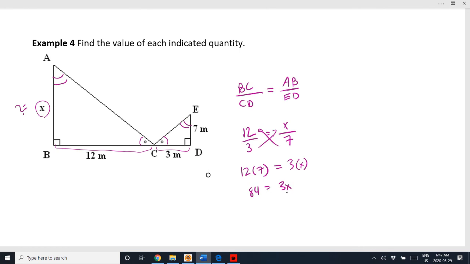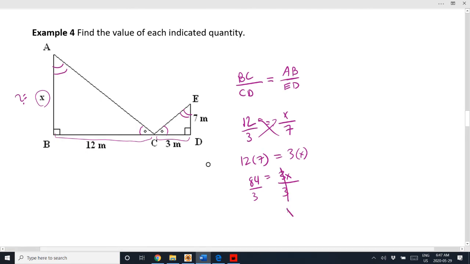And now we can solve for what x is by dividing both sides by 3. So the 3's are going to cancel. We're going to get x is equal to 84 divided by 3, which is 28. So our missing side here is equal to 28.